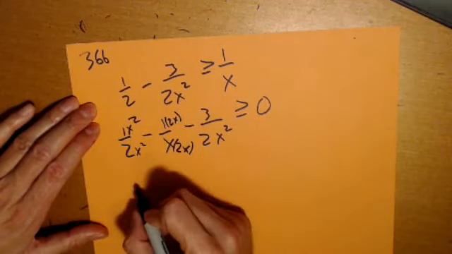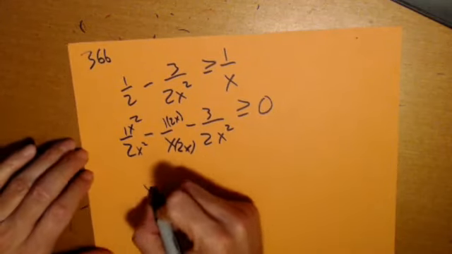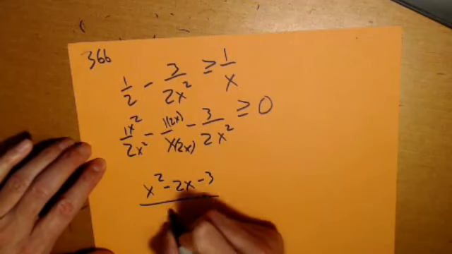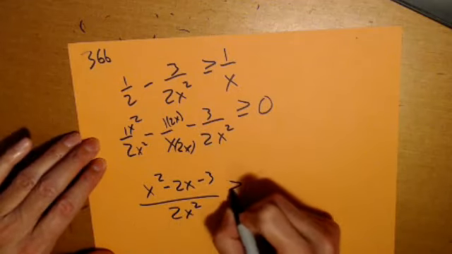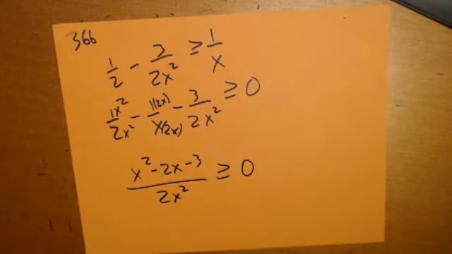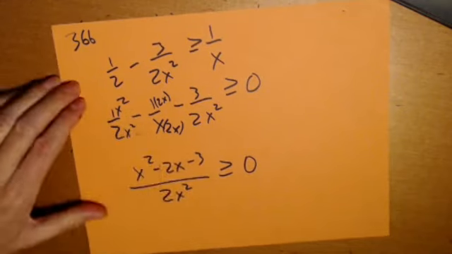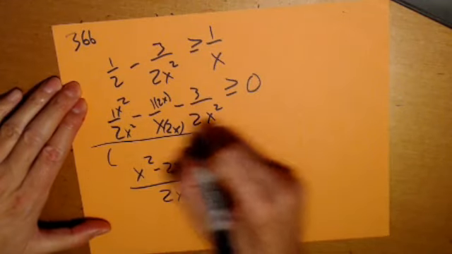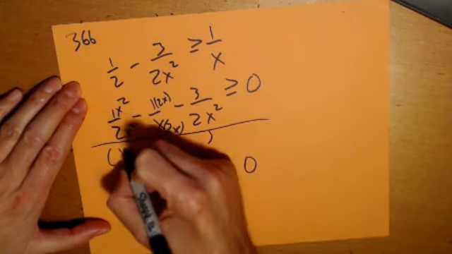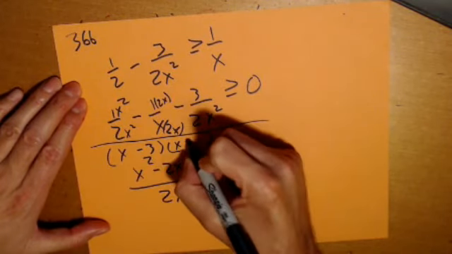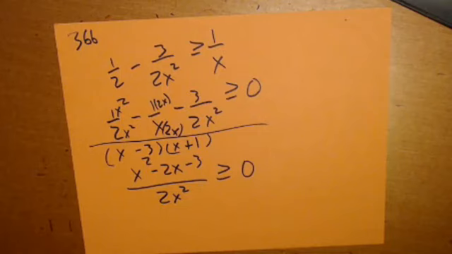So we have x squared minus 2x minus 3 all over 2x squared greater than or equal to 0. Oh my gosh. How are we doing so far, folks? Let's factor this top. x, negative 3, positive 1.